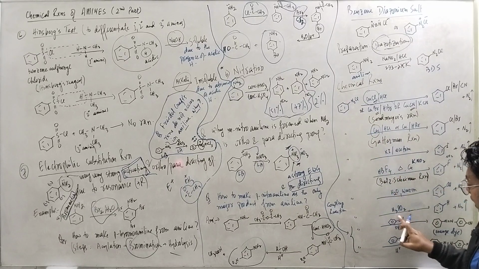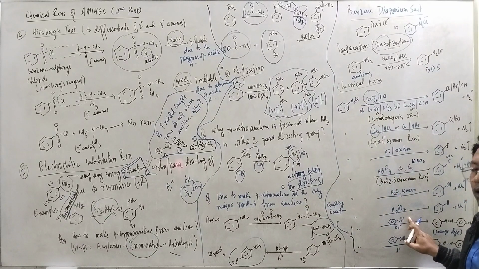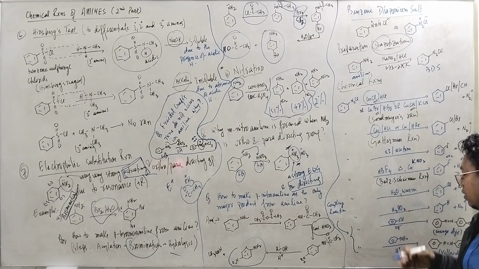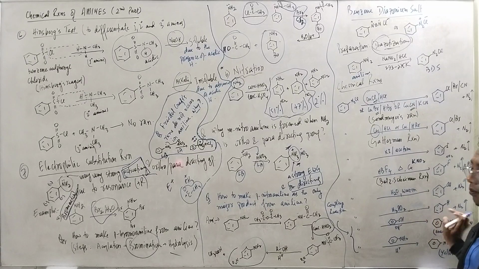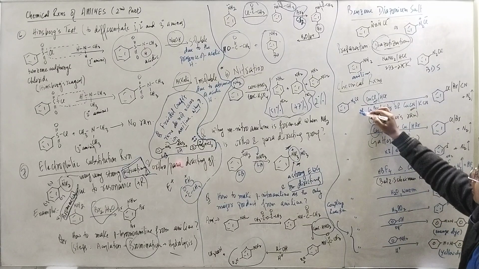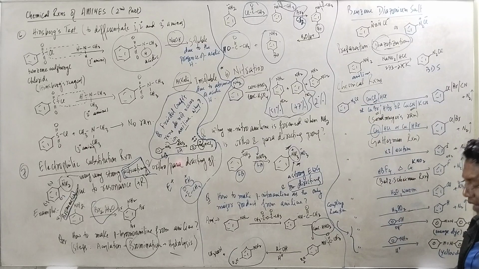If it is reacted with H3PO2, hypophosphorus acid, or ethanol-water can also be taken, the diazonium group is substituted by H to form benzene.